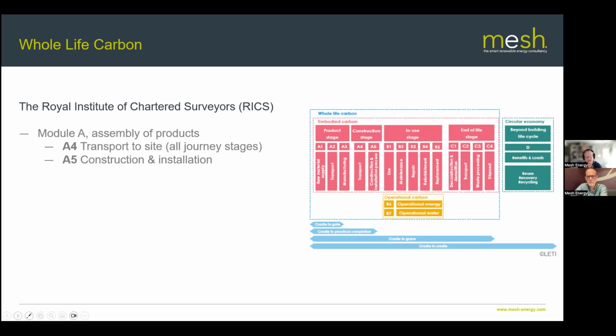It can be tracked at Stage 5, but there are some generic allowances for different regions in Europe to account for construction emissions based on the site area. So if we know what the limits of the site are, this is something that we can take into account quite easily. The one thing I should mention about the transport to site is the reason that is important is that we have projects that use cross-laminated timber.